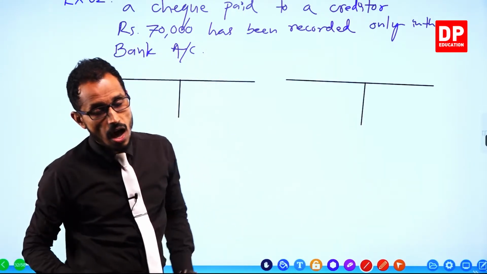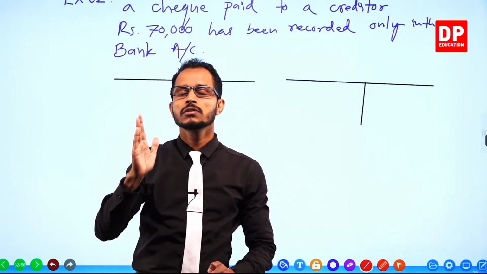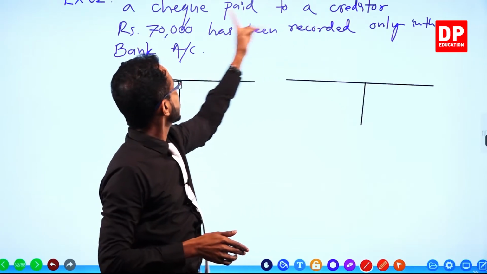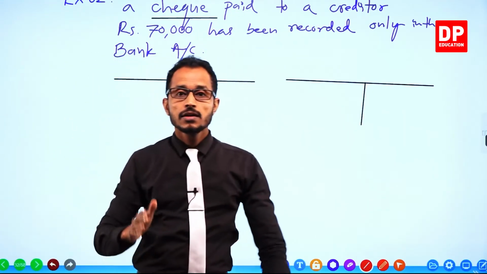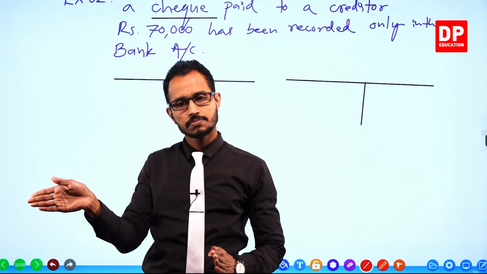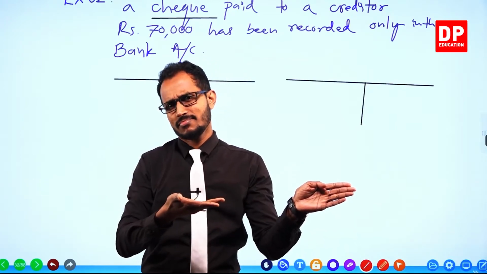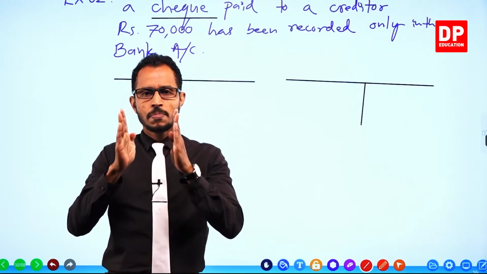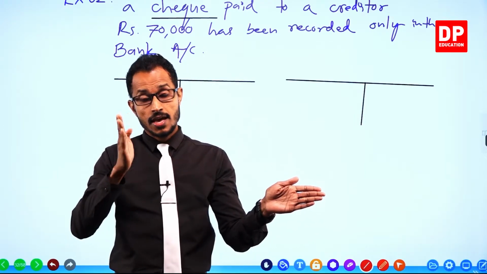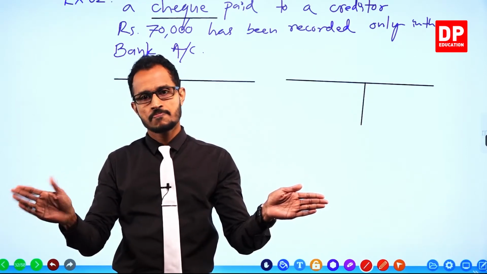Check paid means our cash going out. Cash going out means cash book credit. But here, not cash, a check. So bank book credit. Bank book credit, and creditor's account debit because liabilities decrease.